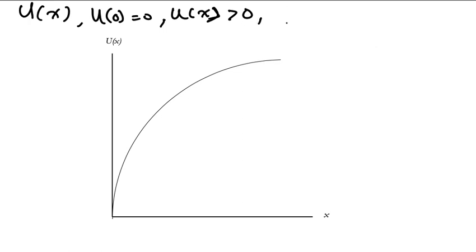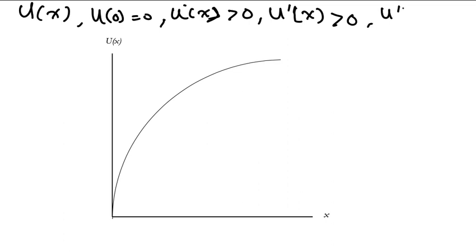And because of its concavity, we have to have U prime x positive. That means it's upsloping, so marginal utility of playing the game is positive.